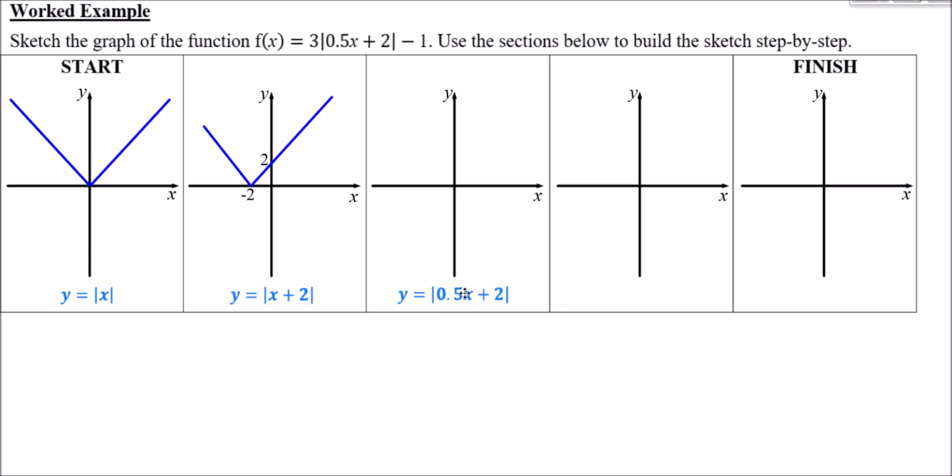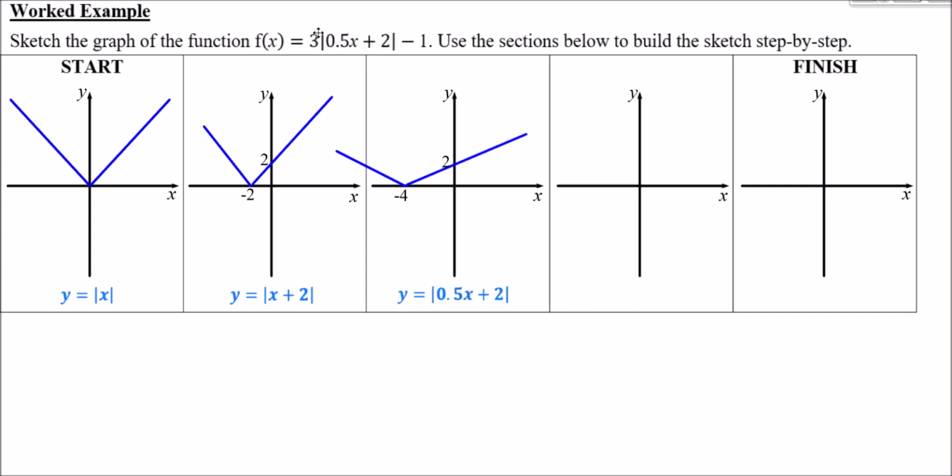Dividing by 0.5 is the same as multiplying by 2. Remember, inside, opposite. So we're going to double the x coordinates that we know. So minus 2 will now map to minus 4. 2 will be unaffected because 2 is a y coordinate. So essentially it's going to get stretched outwards and will look something like this, with this being minus 4 and this still being at a height of 2. So we've dealt now with inside our modulus symbol.